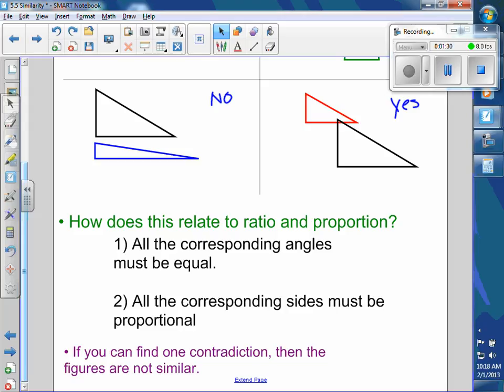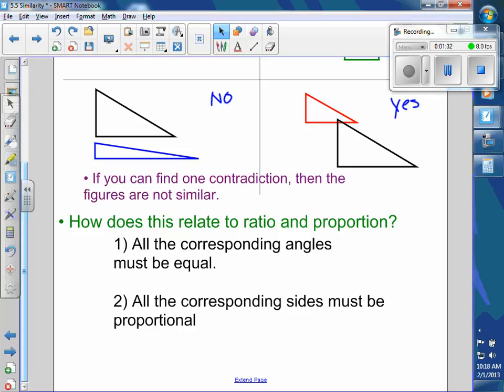So what's important is if you can find one contradiction to these two things, then you say the figures aren't similar. So for example here, once you can come up with angles not being the same, you don't have to look at sides being proportional. Does that make sense? Yeah.